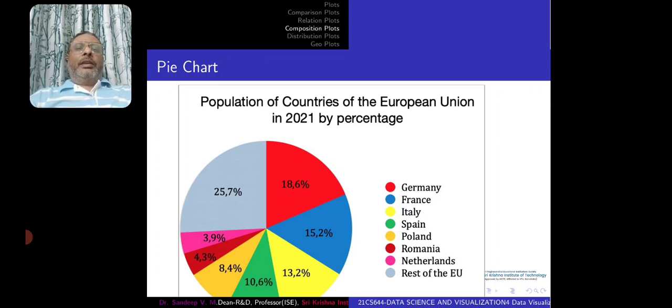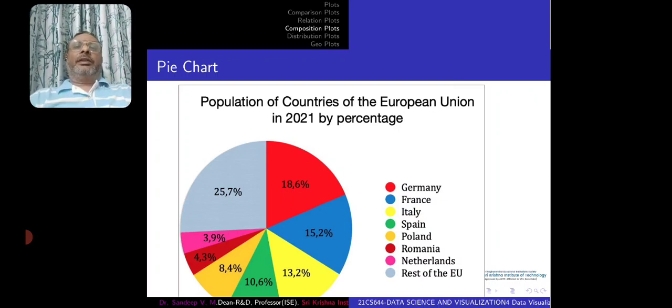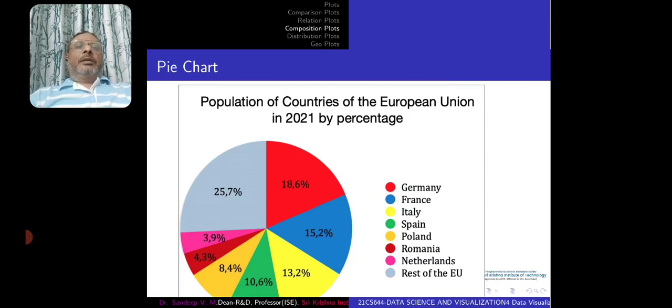So instead of pink for Netherlands, if we had used yellow or blue, it would have been a better representation. Yes, that's what we need to think about before deciding the colors for each of these.